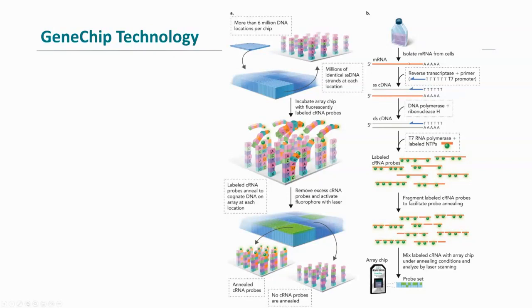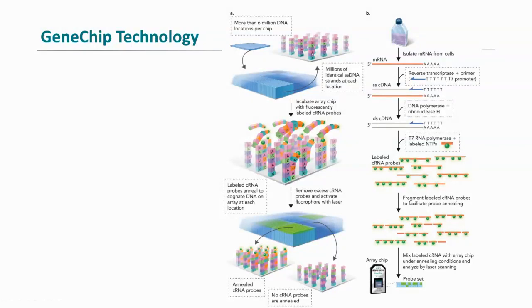You collect the messenger RNA, make the single-stranded complementary DNA, and then degrade the messenger RNA, make the double-stranded cDNA, and then you label this double-stranded cDNA, and then mix it with the microarray where each place has a particular probe sequence.